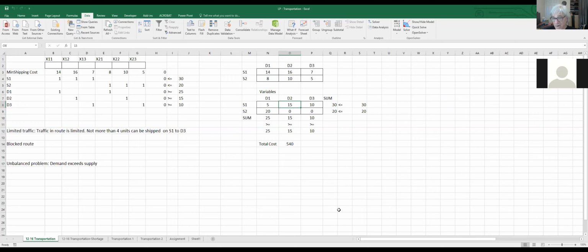So now you have to find a new arrangement that will not use this route. In other words, you want to push the shipments on this route to 0. It's not that you cannot find an optimal solution without this route. You have many options, but you want the optimal solution to not take x12 and make it equal to 15. You want to make it equal to 0.